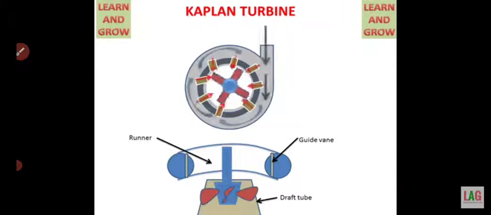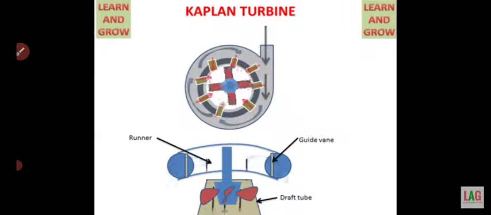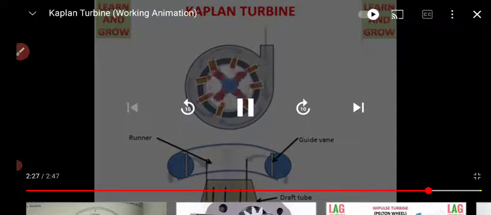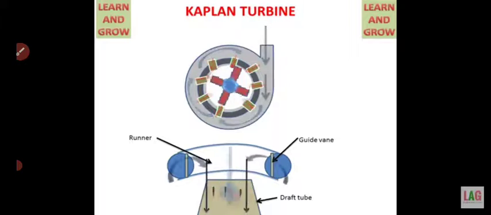In the below figure, we see that when water comes from the guide vane, it strikes axially on the blades or vanes of the runner, then goes outside in the axial direction through the draft tube, and the runner starts rotating. So this is the working of the Kaplan turbine.